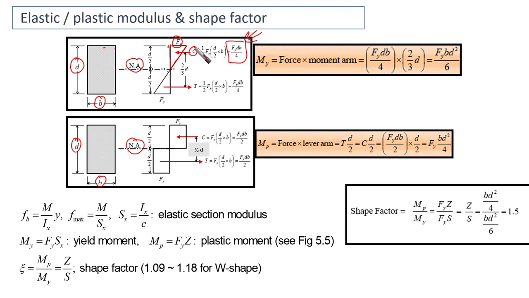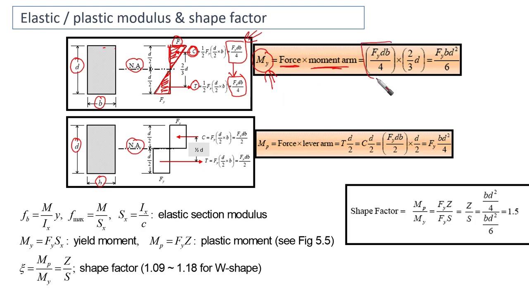This is the force here, the compression force. And we are going to find that the tension force is going to be the same, because the same area applies here. It is the area of the triangle. So here we are going to find that M yield, in our case, is going to be the force, whether it is the tension or compression, times the moment arm.